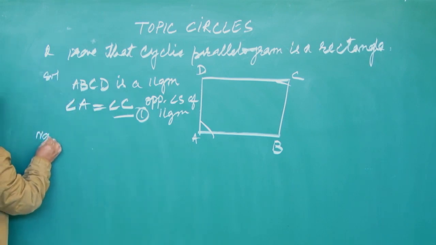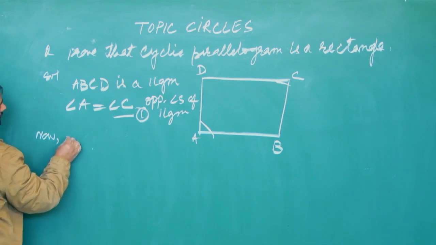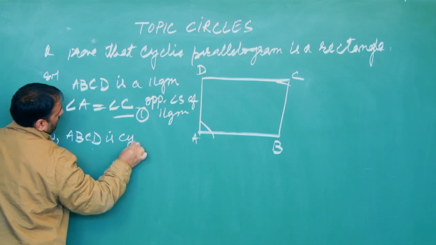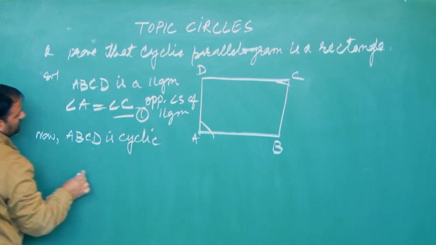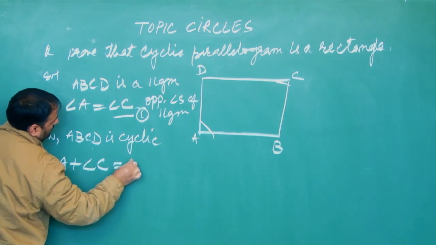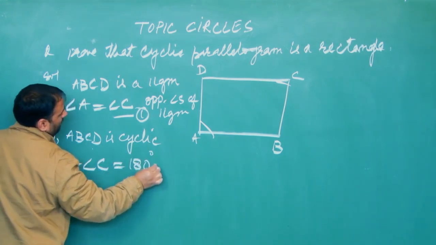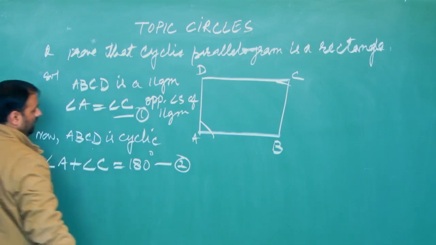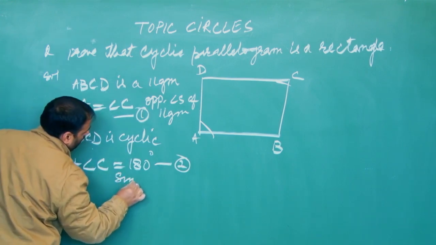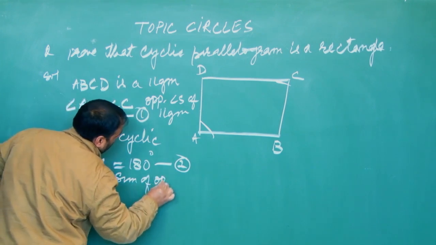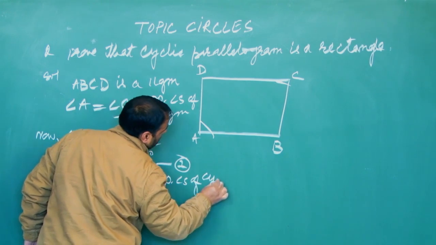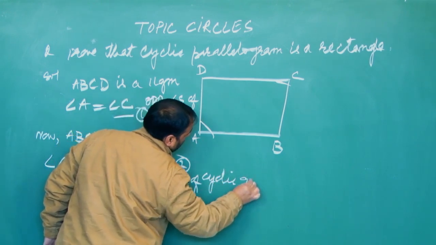Now, it is cyclic, which means that sum of the opposite angles of cyclic quadrilateral is 180. Keep it as equation 2, and the reason is sum of opposite angles of cyclic quadrilateral is 180 or supplementary.